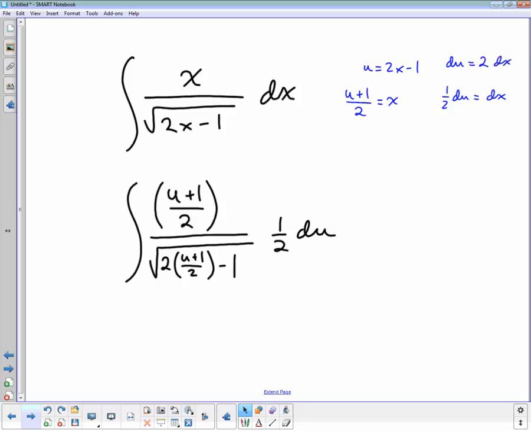All I did was substitute. dx is equal to 1/2 du. Now I can go ahead and simplify this, clean this up, and we'll see what we get.